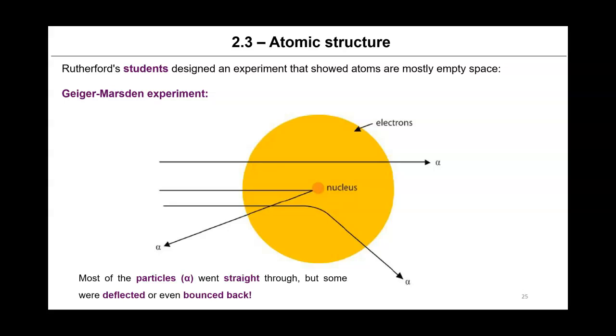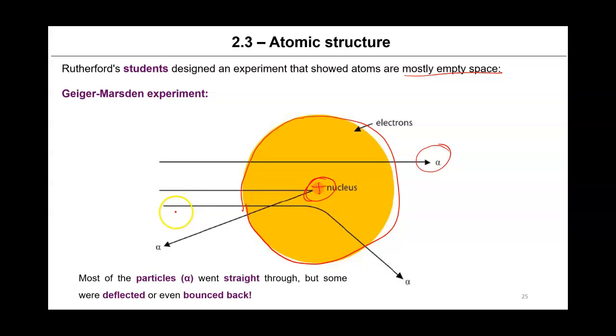So how Rutherford interpreted this data was that as most of the alpha particles went through as though nothing was there, then atoms are mostly empty space. So that's why we put our electrons on the outside of the atom with our positive nucleus in the middle there. And so most of these go straight through as though nothing's there because nothing is there.